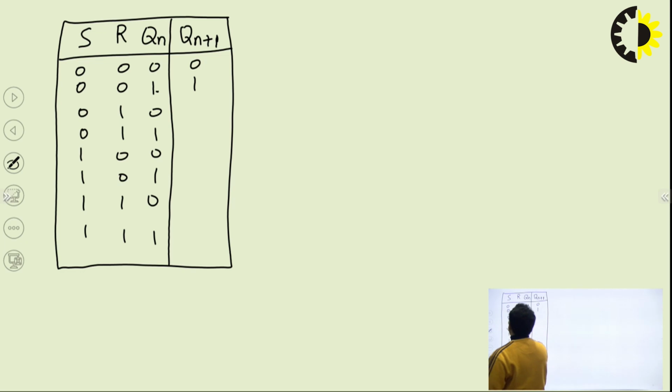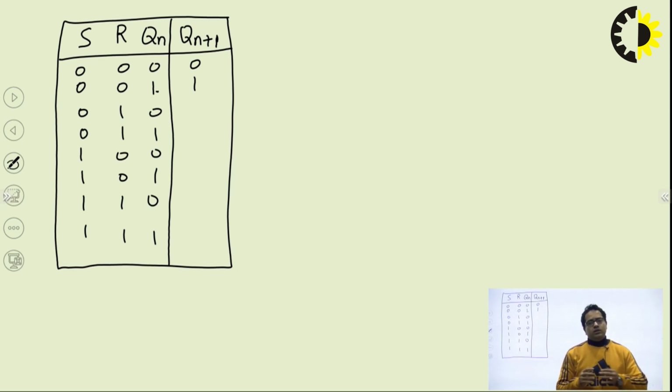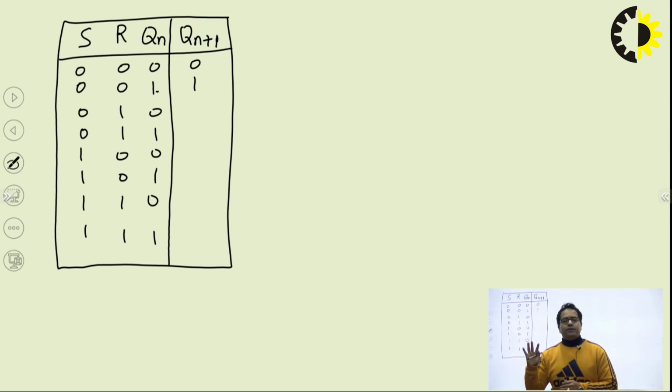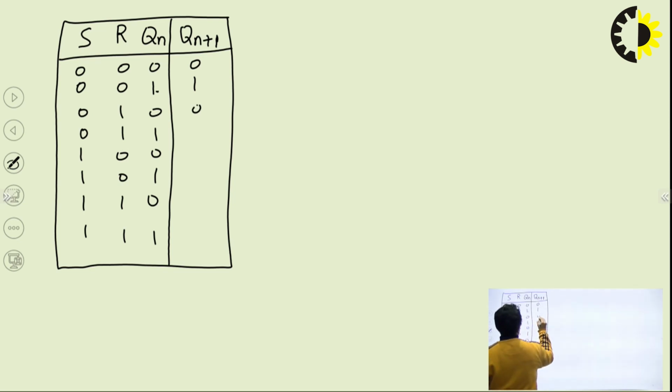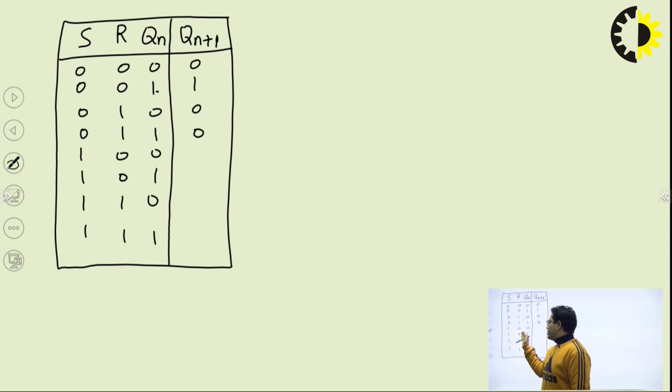Now the next case, whenever you are providing 0 1 inputs to the flip-flop. That means S is 0 and R is 1, and in that case your flip-flop enters into a reset state. So both outputs will be 0 0. Next case, the 1 0 combination. In the case of 1 0, definitely the output will be 1.